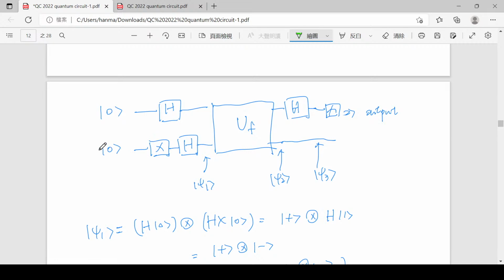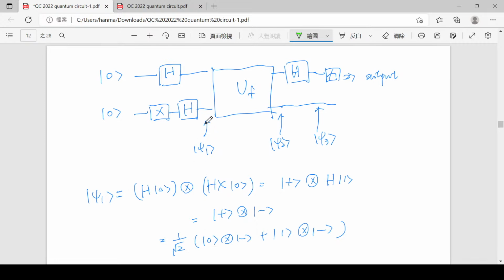Okay, and why does this work? Well, let's see how the state evolves throughout the circuit. So before our unitary, there is no two-qubit gate, right? So the first register is going to get hit by a Hadamard. So 0 hit by Hadamard becomes the plus state.